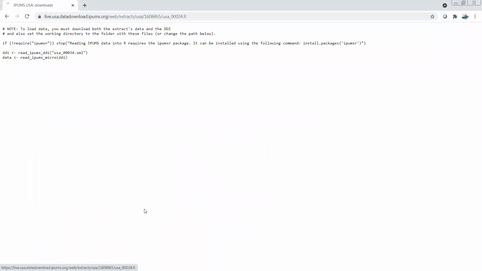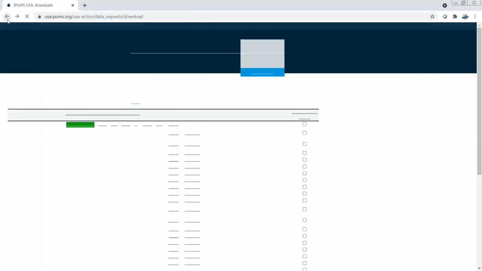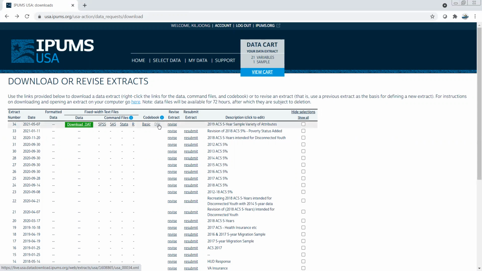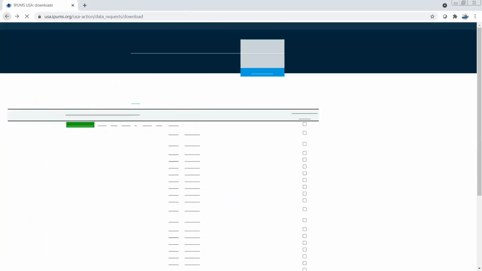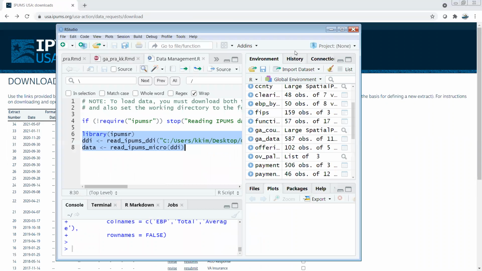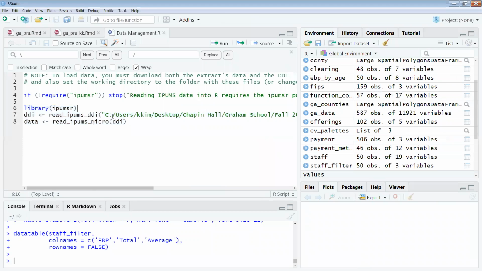R is slightly different. What you'll notice is that it's very simple, in fact, 2 lines of code here. But if you are using R, you also need this DDI file. You need to download this file, and you need to make sure that this file name stays the same. The reason for that is that in R, you also need this library, ipumsr.